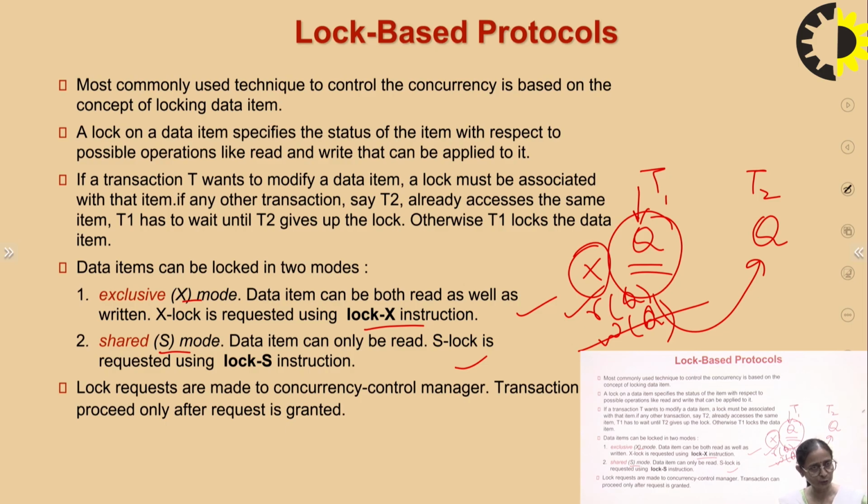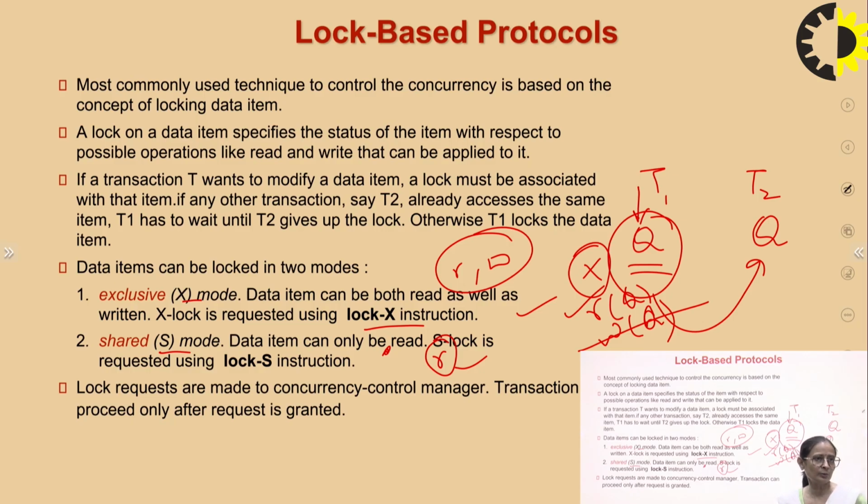So we have two modes, X and S. In the exclusive case, both read and write rights are given to the transaction. In the shared case, the transaction has permission only for reading and not for writing.